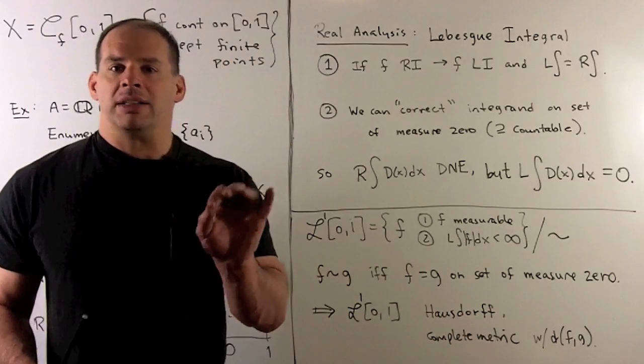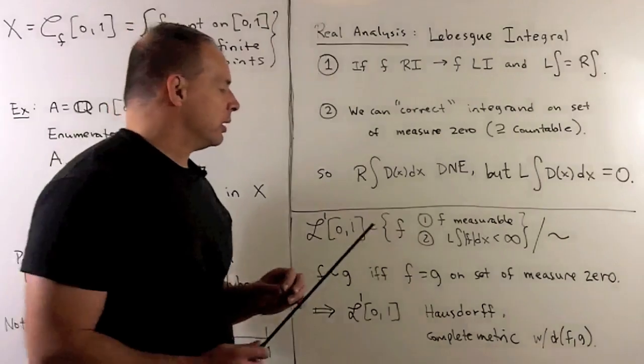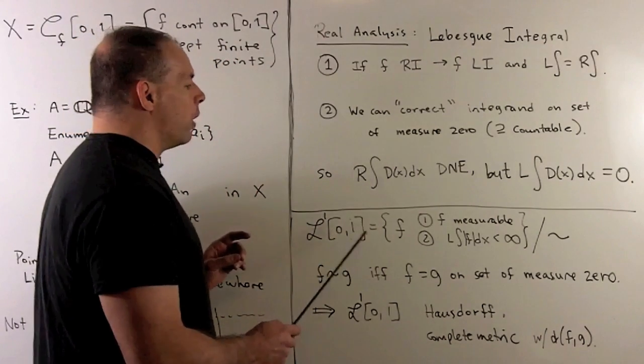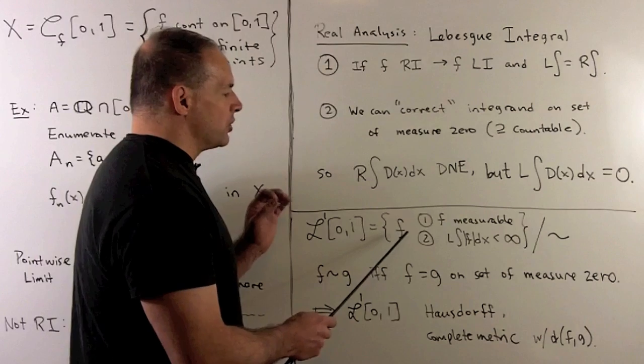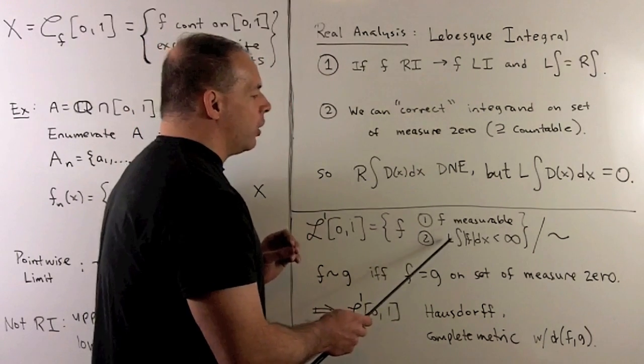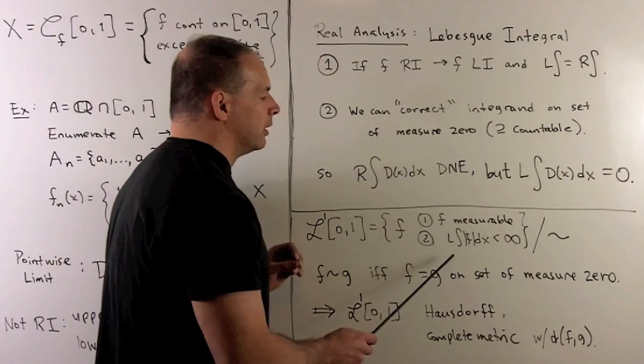Now, how about a topological space? What we would do is consider all functions on 0, 1 that have the property of being measurable and such that their Lebesgue integral is finite.